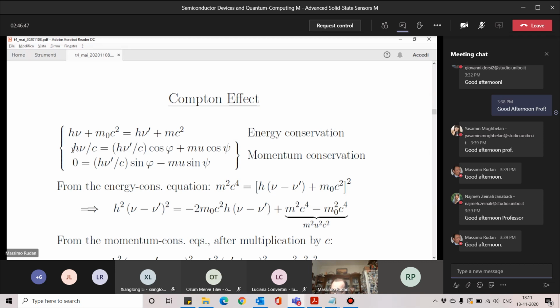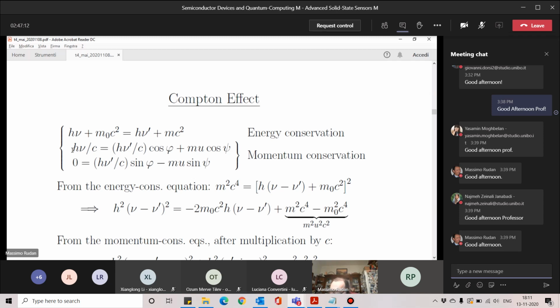So if the electron has increased its own kinetic energy from zero to non-zero, the photon must have decreased its own energy from some initial value to some other smaller value.